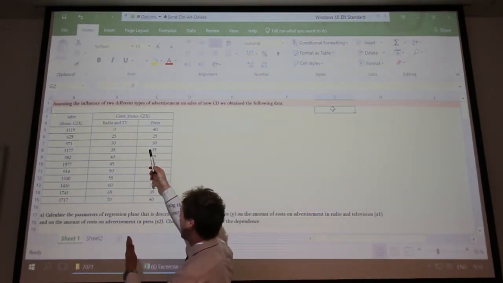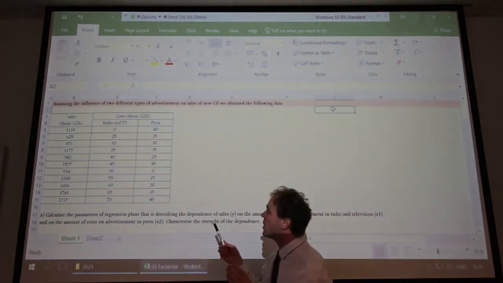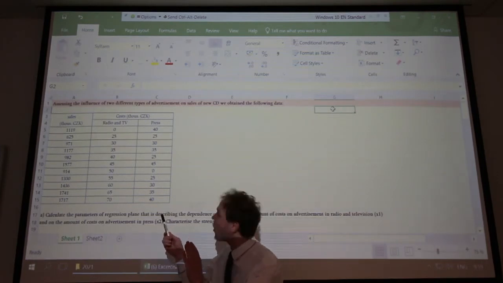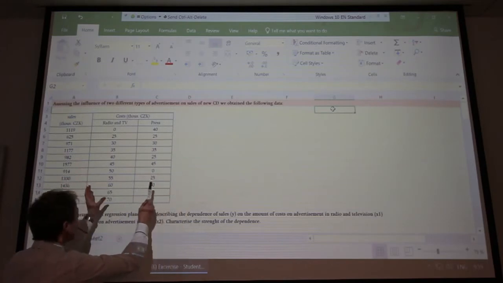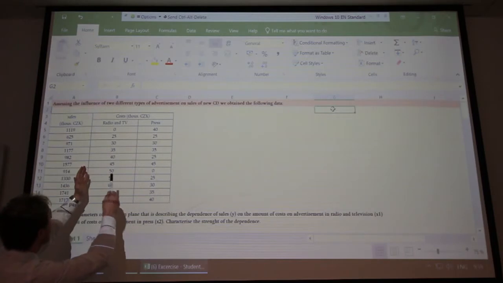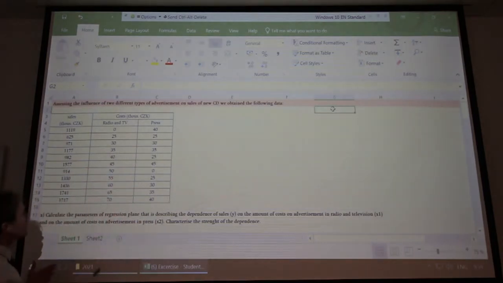It's possible to advertise in radio and television, and it's possible to advertise in press. So we have here two independent, two explanatory variables, costs on advertisement in radio and television and in press.